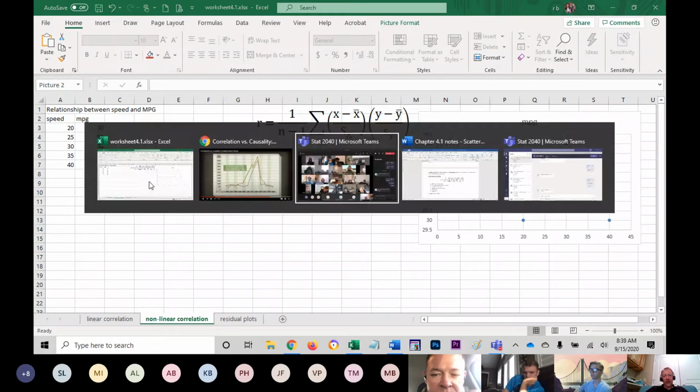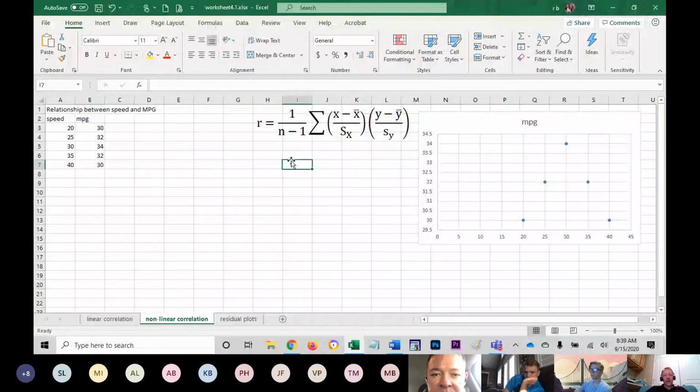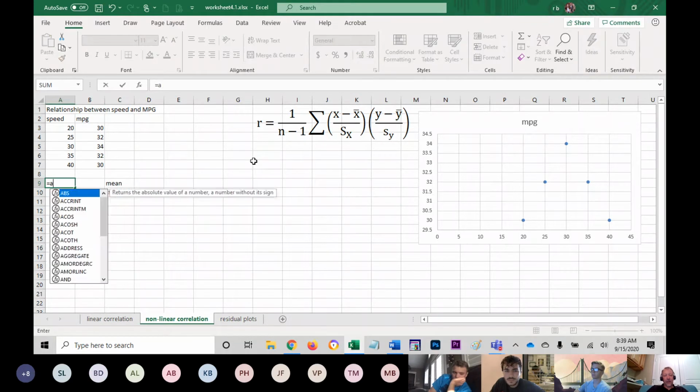Jed, can you help me figure out what's the first thing I should find when I'm looking for the correlation coefficient? I think the first thing you should find is the mean. Mean? What's the second thing? Standard deviation. You all are going to figure out how to find the mean and standard deviation today, right?